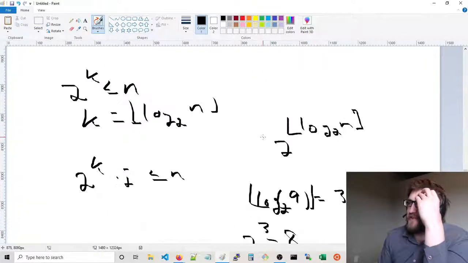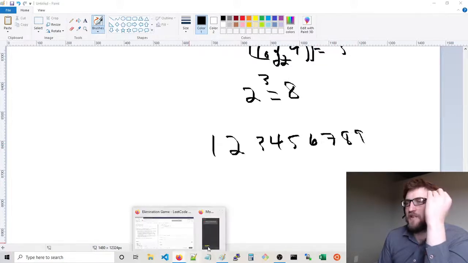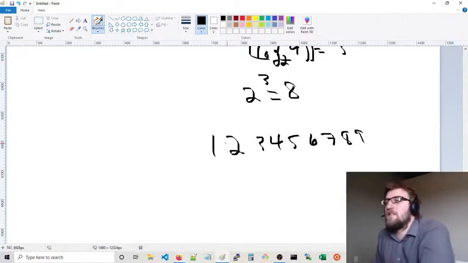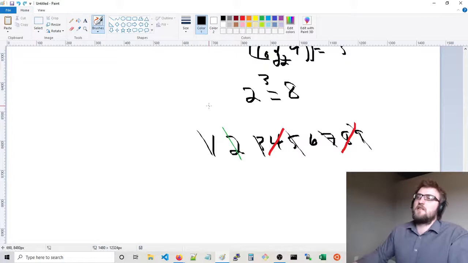What happened? Definitely just wrong. I don't know. Only even numbers, and then from right to left, skip numbers, and then 6. Why did I think it was going to be?